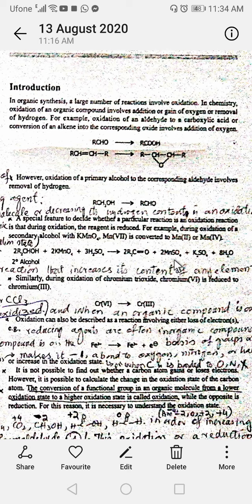So what has happened? The oxidation state of the Mn in the reactant is +7 and in the product is +2. So this is a decrease in oxidation number. Decrease in oxidation number is called reduction.